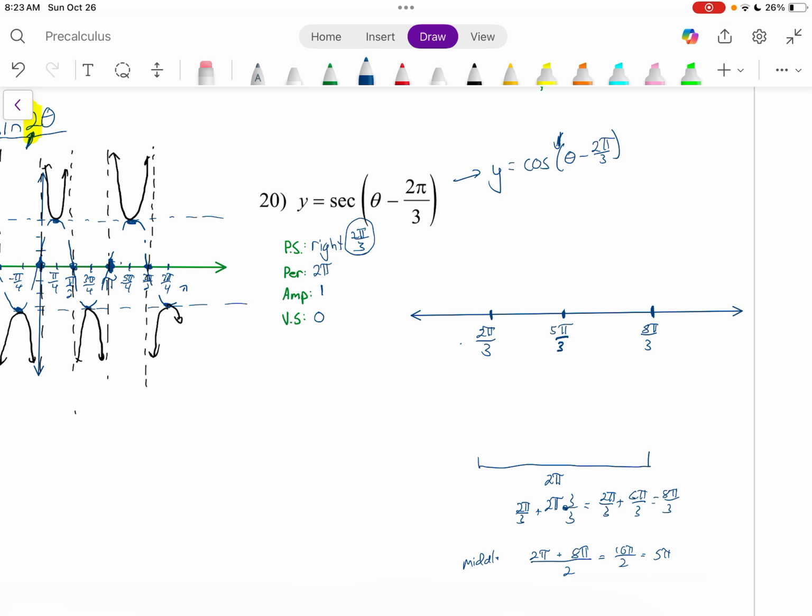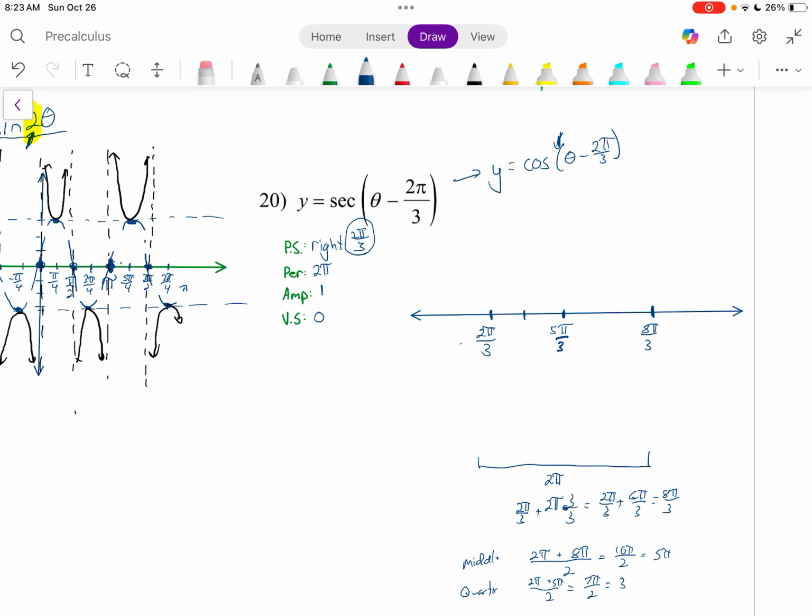And then we want to find halfway between 2 and 5. This is our quarter spot. So we take 2 pi plus 5 pi over 2. And this sometimes throws us off. This is 7 pi over 2, which is 3.5 pi.